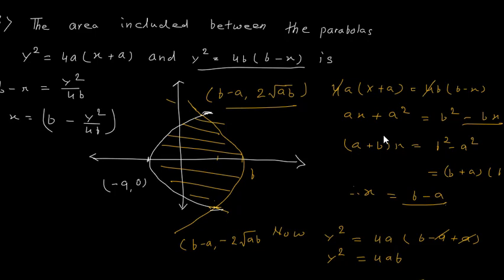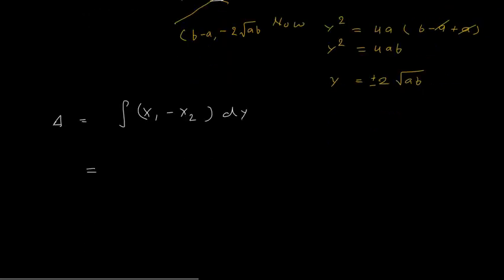And similarly from this equation I will get the value of x. So the value of x will be y square upon 4a minus a.